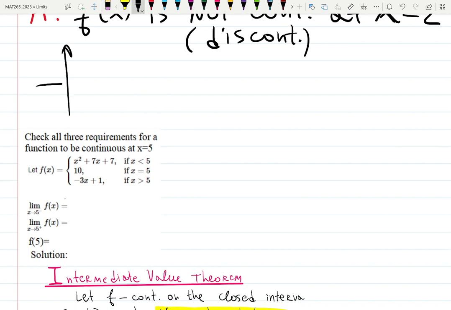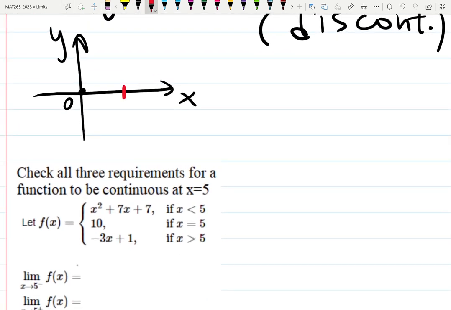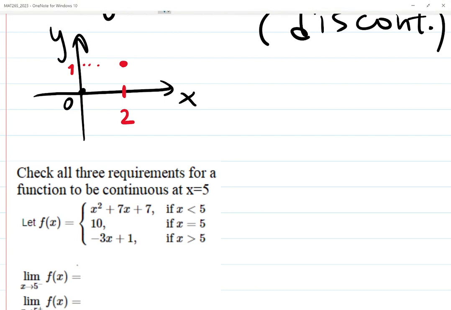You can graph all this function and see what the graphing calculator tells you, or Desmos or Wolfram Alpha, but I know this kind of information. At 2, something is happening. We found that f of 2 is 1. Here it is, it's 1. But the limit as x approaches 2 from the left and from the right is 3.